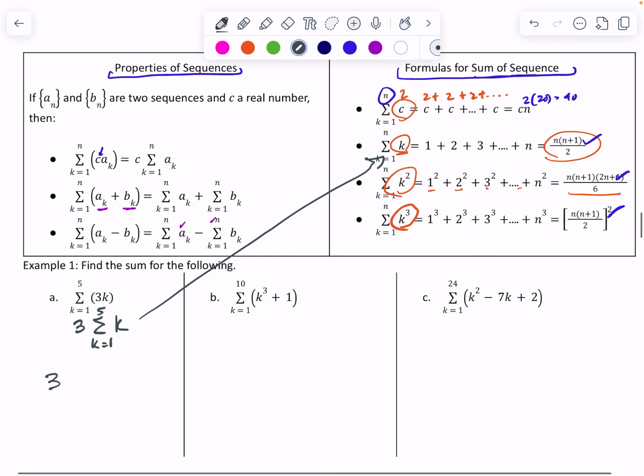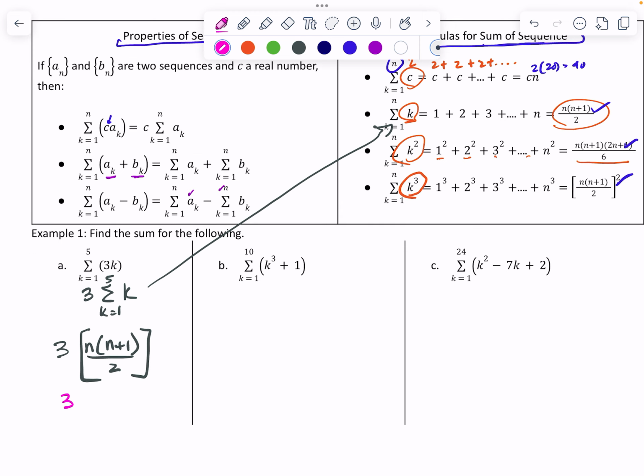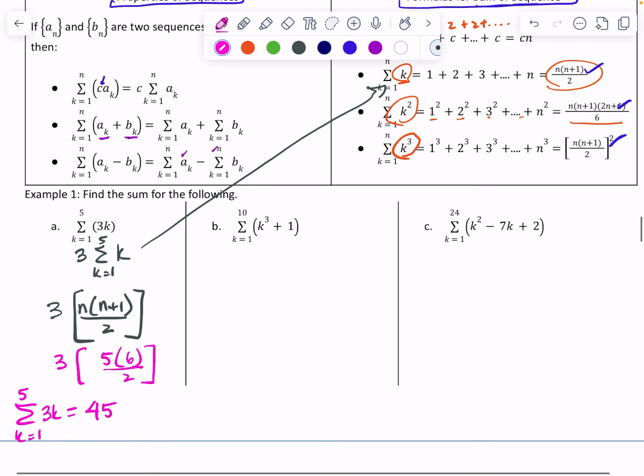And don't forget the 3, and the formula would be n times n plus 1 over 2. N in this case is 5 because we're going first 5 terms. So 5 times 6 over 2, and that is 30 over 2, 15, times 3 is 45. So that's the sum of the first 5 terms, k equals 1 to 5, for 3k is equal to 45.